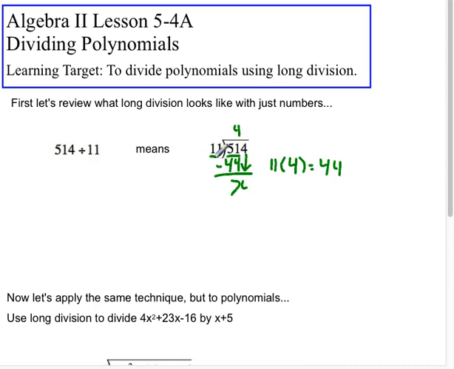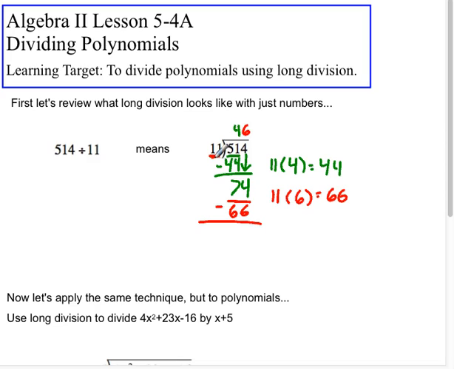Then I'm going to carry down the 4. Now I need to see how many times 11 can go into 74. Without going over, 11 can go in 6 times, giving me 66. So I put that 6 up top, and now I subtract off the 66.